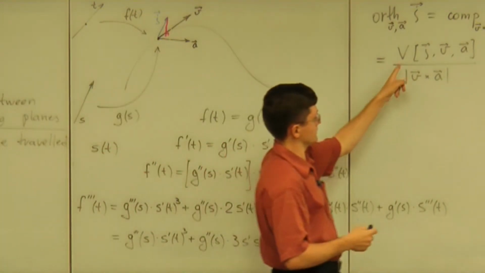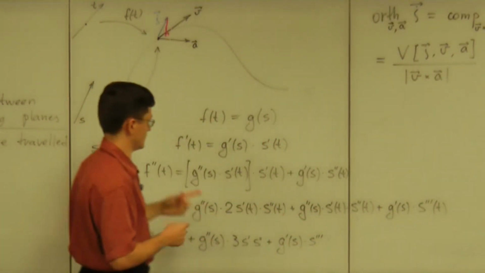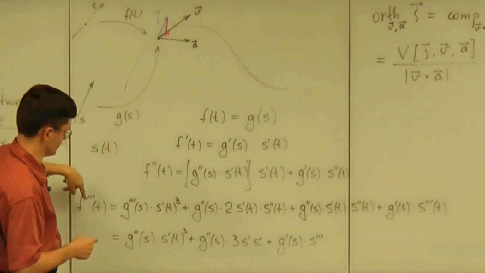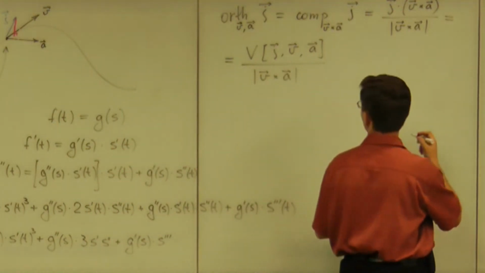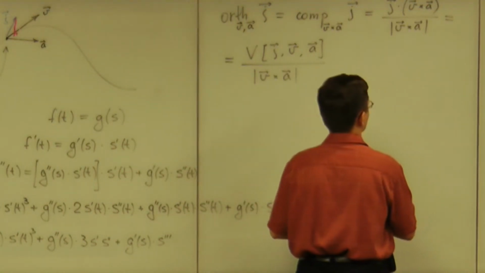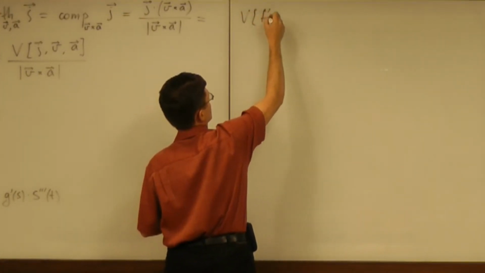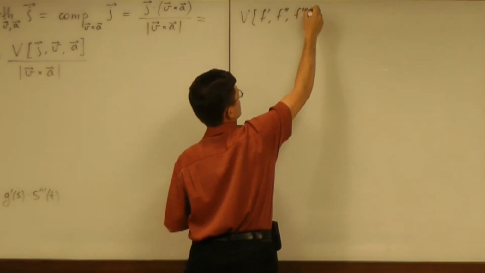And the formula is very simple, right? Basically we have to find this volume on three vectors. So one volume is easy. It's the volume on f prime of t, f double prime of t, and f triple prime of t.